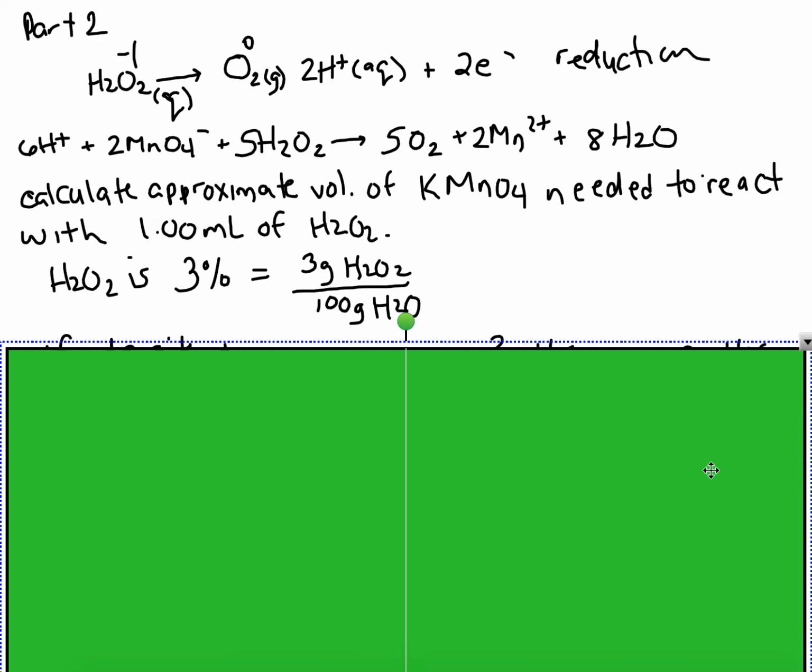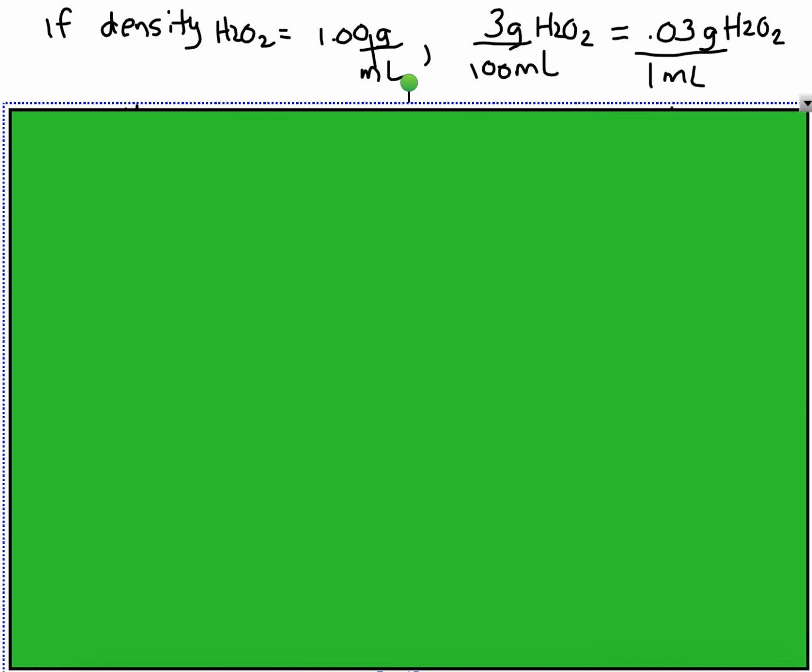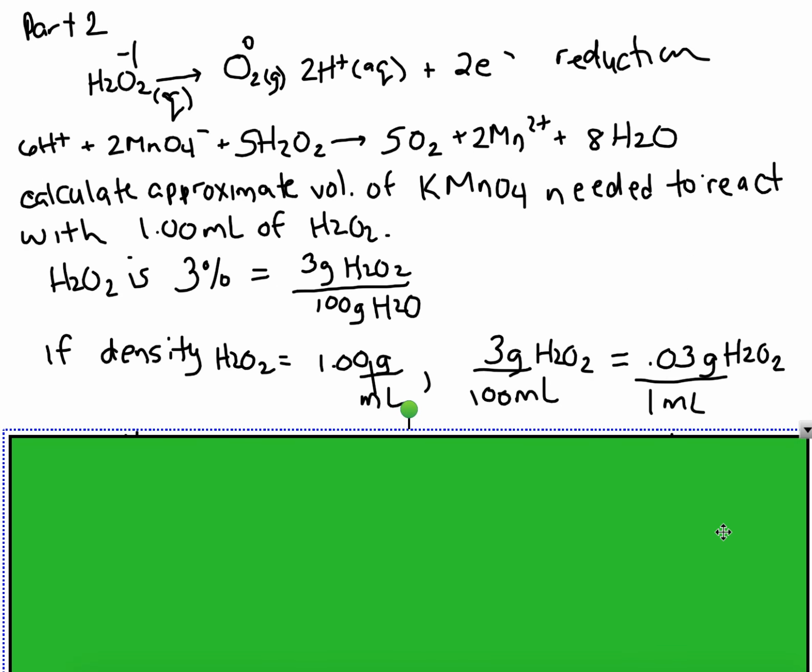The density of hydrogen peroxide is approximately 1 gram per milliliter, which means that if the density is 1 gram per milliliter, 100 grams is going to be 100 milliliters.